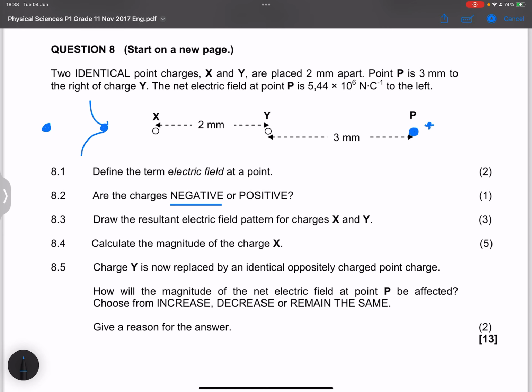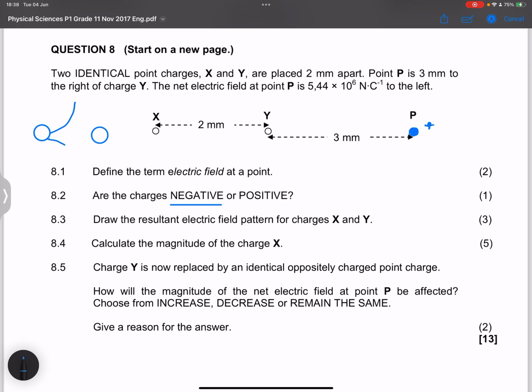Okay, so let me just try to do this. Remember that the field lines must not cross one another. So I'm just trying to draw them so that they are equal or identical.